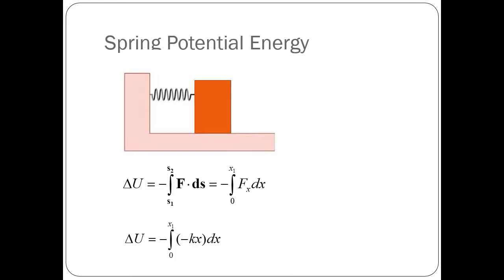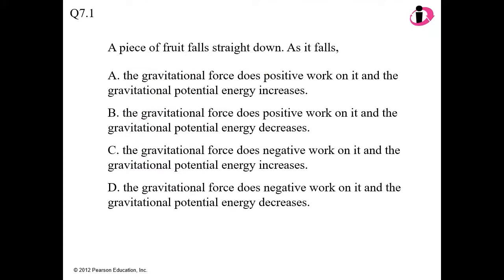The spring force points in the opposite direction from the displacement, so it's a minus kx times the differential element of displacement, which is dx, integrated from some equilibrium position where x is equal to 0. That's where we're going to define our positions, and then going to some final position x1. So the formula just becomes the integral of that, which becomes 1/2 kx squared.